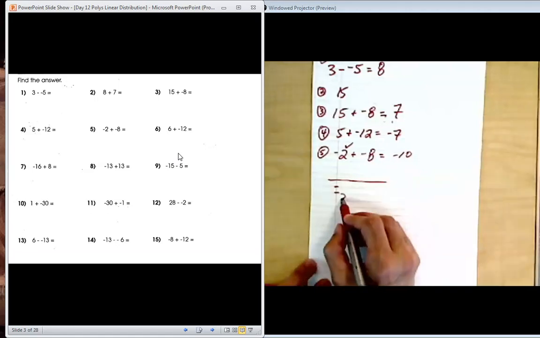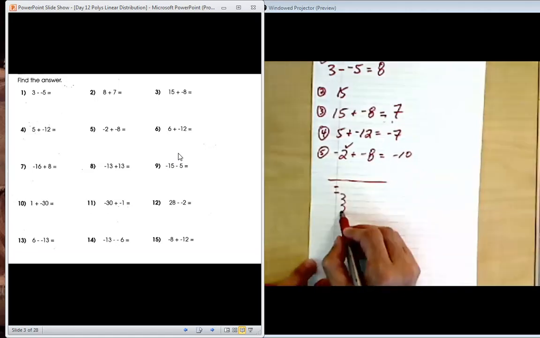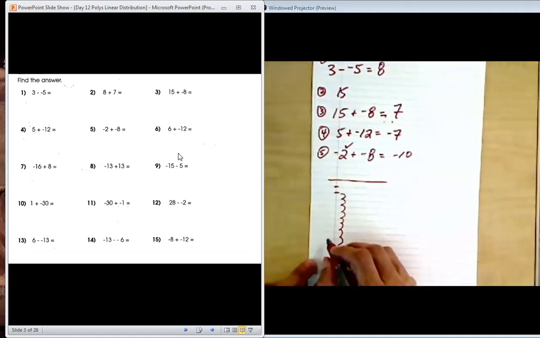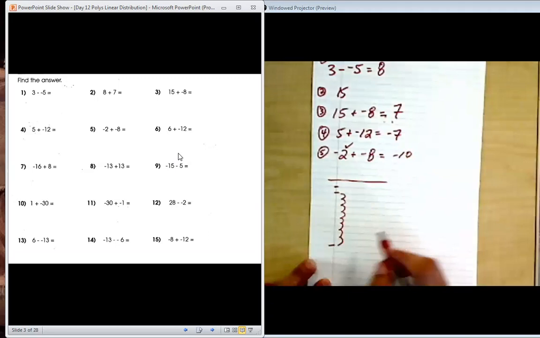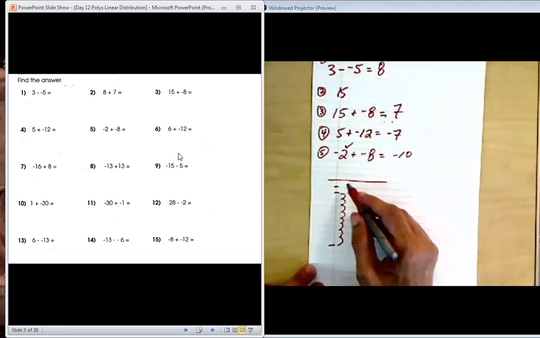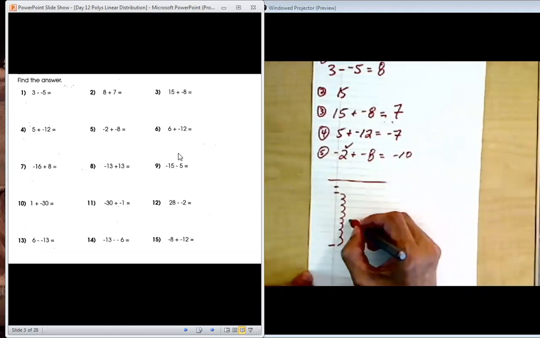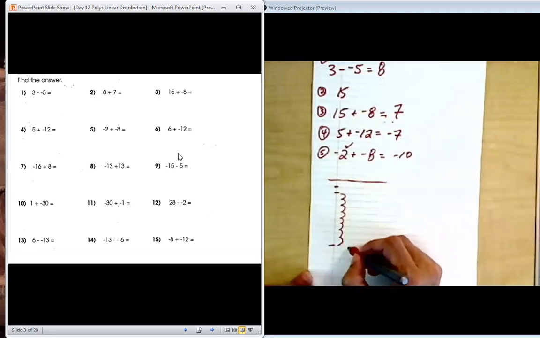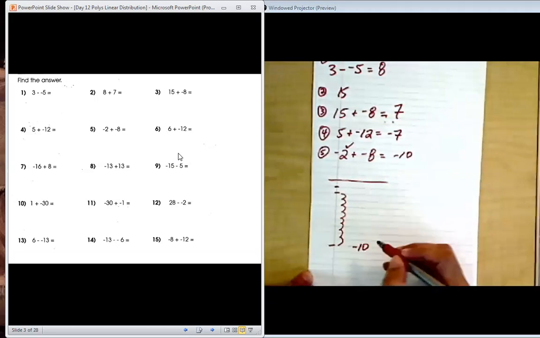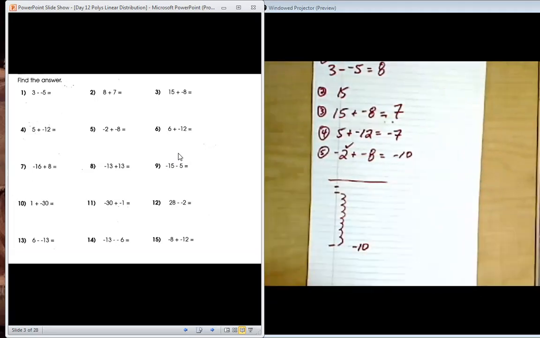Down by 1 more, down by 2, 3, 4, 5, 6, 7, and careful with your picture. Down by 8 now. Okay, so where are we? Down by 1, 2, 3, 4, 5, 6, 7, 8, 9, and we're down by 10.